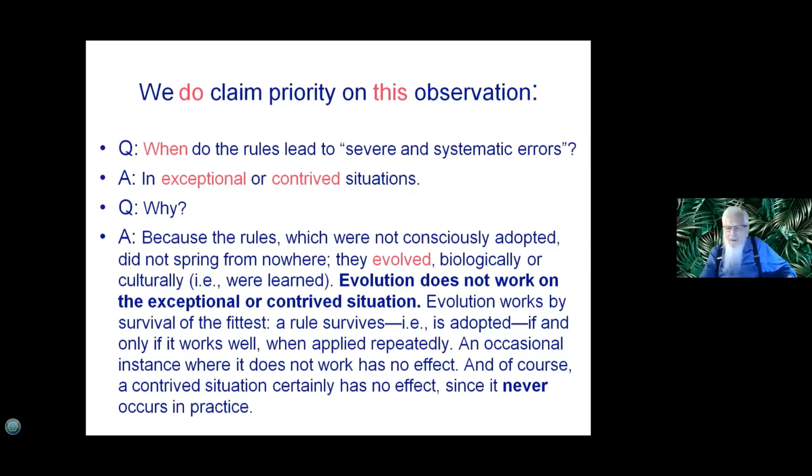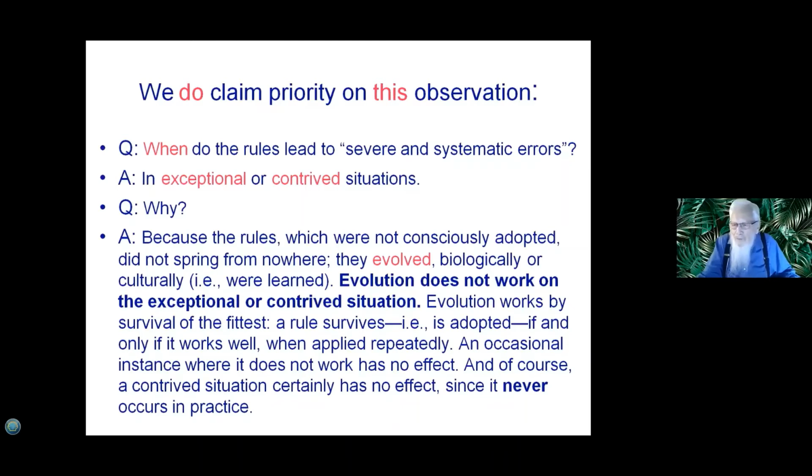It does not interfere with biological evolution or with cultural evolution, with learning. If occasionally you go by a rule and it doesn't work, but usually it does work, you'll stick to it. And of course, a contrived situation certainly has no effect, since it never occurs in practice.